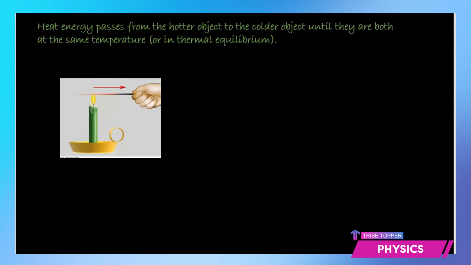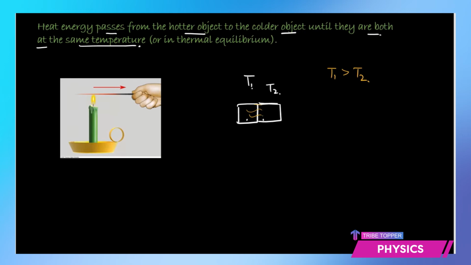We need to understand that, as we said, heat energy passes from the hotter object to the colder object, but until what time? Until they are both at the same temperature. If I have a body at a temperature T1 and I bring in contact another body at a temperature T2, immediately the heat would start flowing from the hot body to the cold body, if I assume that T1 is greater than T2.